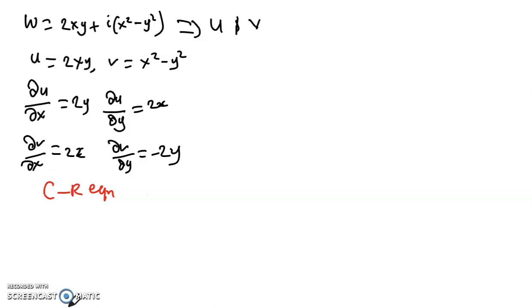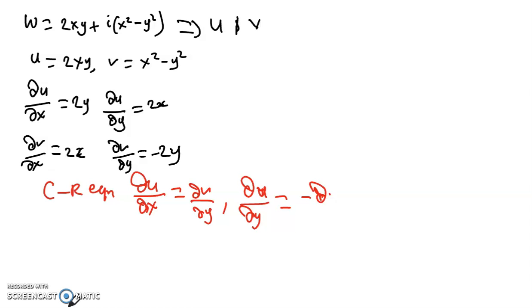What this equation says is that dou u dou x must be equal to dou v dou y, and then dou u dou y must also be equal to negative dou v dou x. So you must know this Cauchy-Riemann equation in your head for you to be able to determine whether whatever we are looking at is analytic or not.